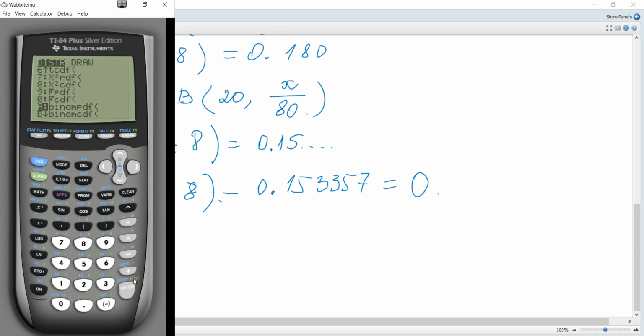Number of trials 20. Probability is x divided by 80.